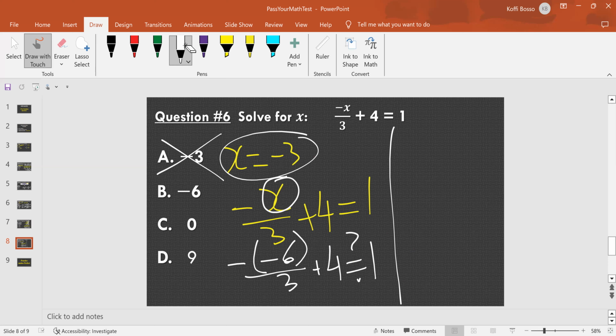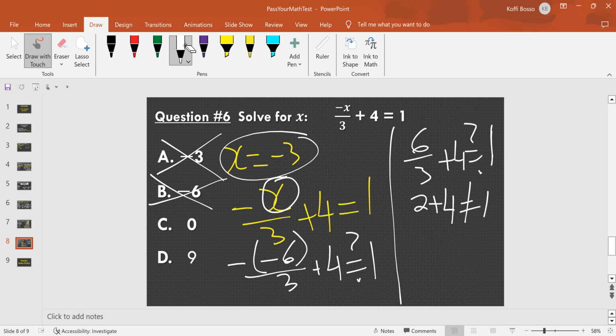The two negative signs will change to positive, so I have positive 6 divided by 3 plus 4. Is it 1? 6 divided by 3 is 2, and 2 plus 4 is 6, so it's not 1. Therefore, B is not the correct choice.